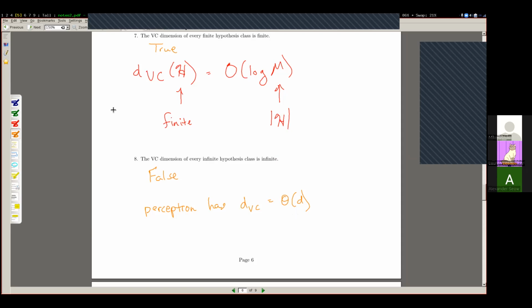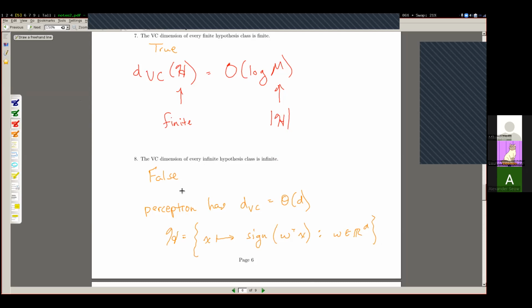Yeah, so let's remind ourselves of the definition of the perceptron. It's H equals the set of X mapping onto the sign of W transpose X, with W contained in R to the D. I didn't ask you all to memorize this, but this is one that you're going to write out so much that there's no way you're not going to have it memorized in a little bit. If you want to explicitly memorize it, that would be a good thing to do so that you can think about these counterexamples.